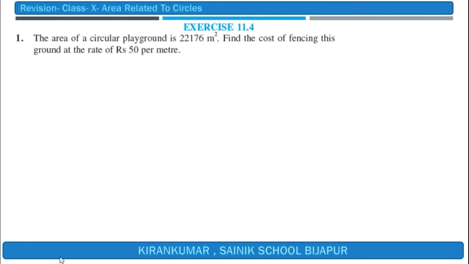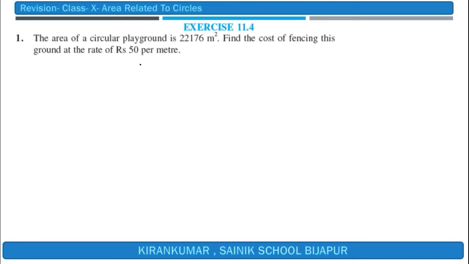Now we shall move on to the next exercise. The first question of the next exercise is, the area of a circular playground is 22,176 meters square. Find the cost of fencing this ground at the rate of rupees 50 per meter.